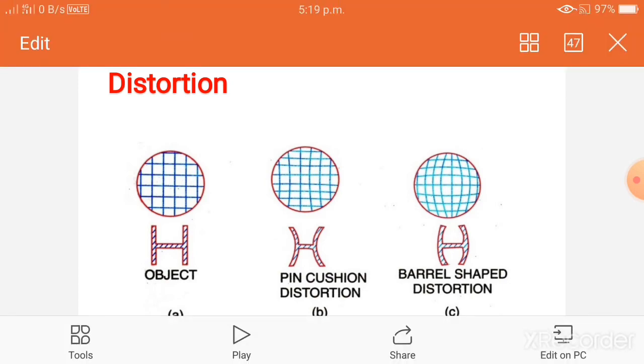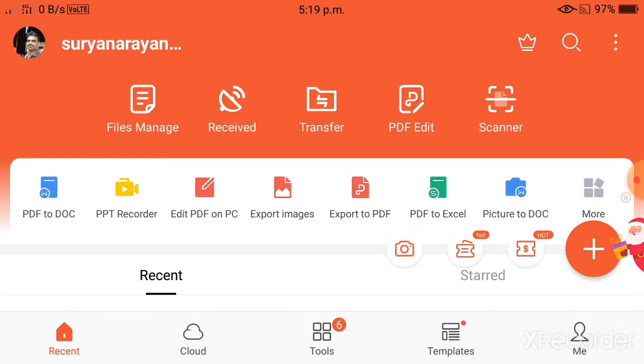Like this, we'll see in a clear way. See here, at the center, here is the object. If we draw a line from the center towards the axial point, at this corner away from the center, magnification is decreased.